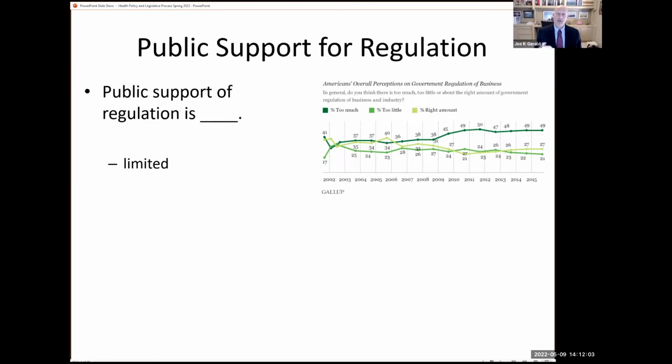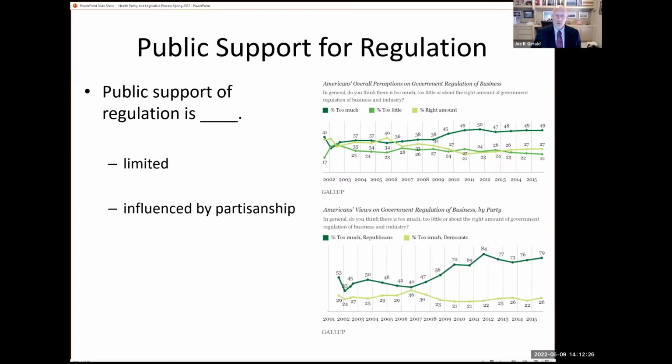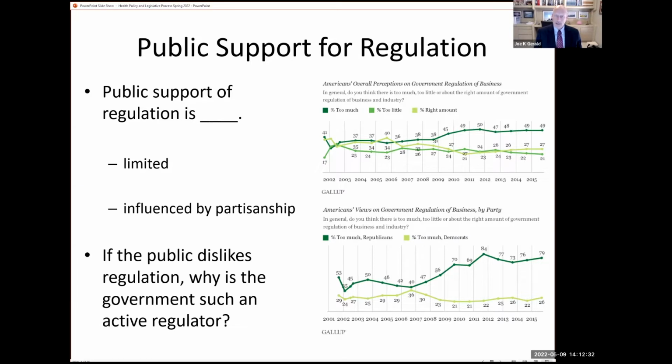But when you ask the public, general citizens, about their attitudes regarding regulation, more people than not will say there's too much government involvement in our day-to-day activities, whether we're running a business or conducting our own lives. And a minority, only 20%, think that there's too little regulation, right? But what we know for sure when we examine our own day-to-day lives is there is a lot of regulation out there.